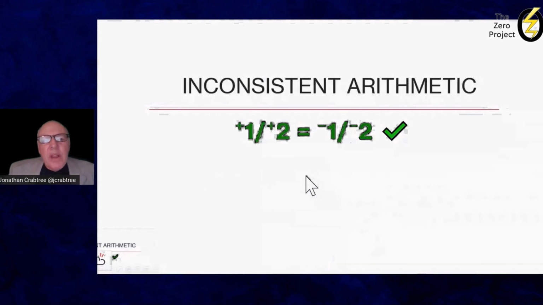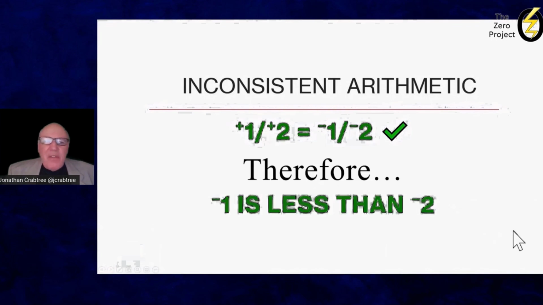We know that +1 divided by +2 equals -1 divided by -2. So therefore, -1 has to be less than -2. We know that one negative is less than two negatives. That's very simple to understand, but that's not what is taught around the world today, because India's 0 vanished. It seemed to disappear as if it was a fleeting mirage.